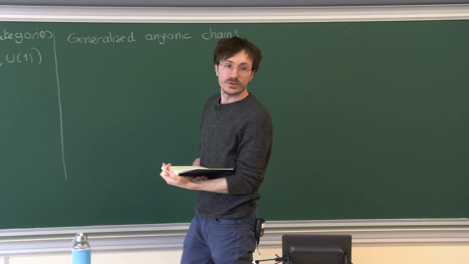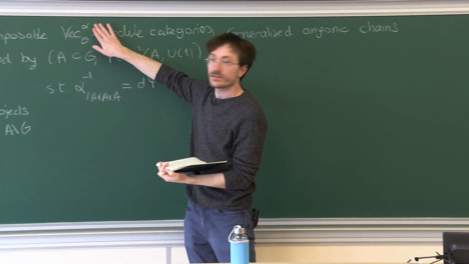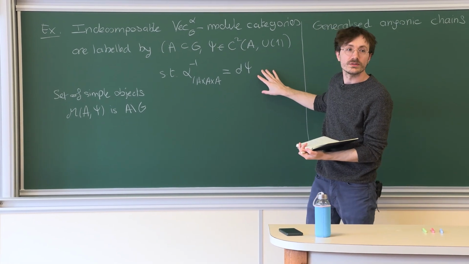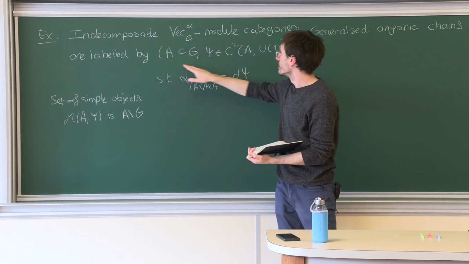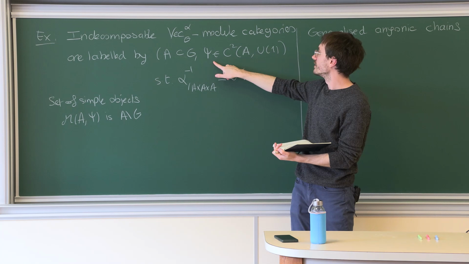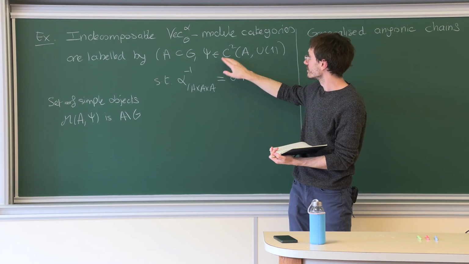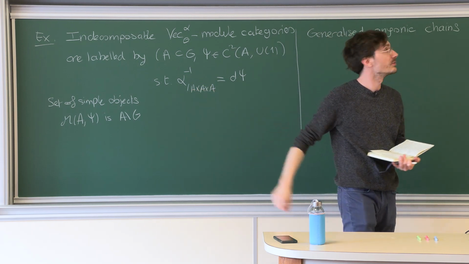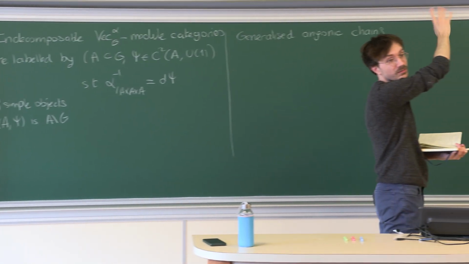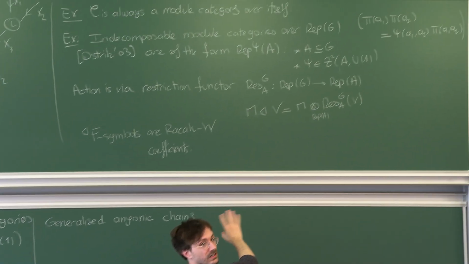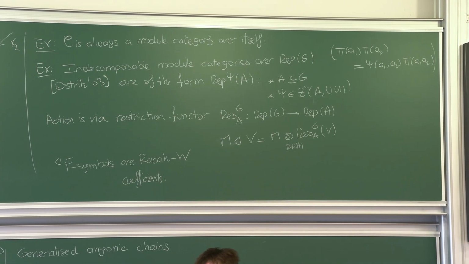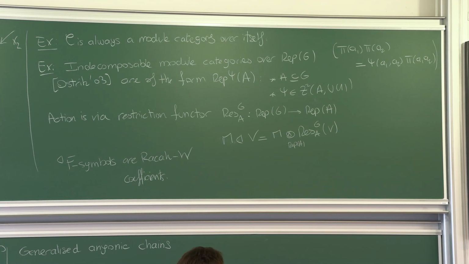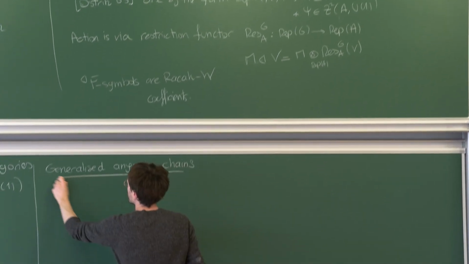And just to emphasize one more time, if alpha is trivial, then the data labeling these indecomposable module categories is just a subgroup, and in that case this would be a cocycle, because you don't have the alpha over there, so this would have to be 1. Then it's the defining property of being a cocycle, and so they are classified by exactly the same thing, and that's a very important thing to notice.